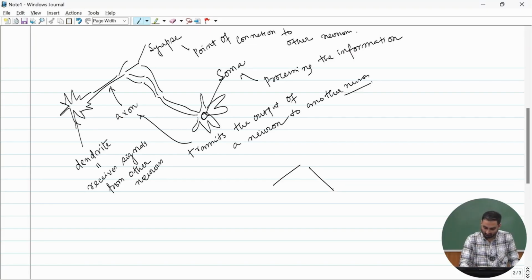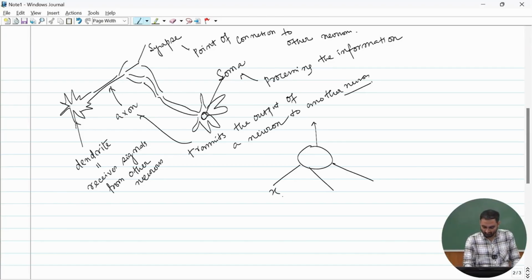Now in this way, if you think of it at a very high level, you have some neurons which are essentially collecting information. You have some centralized system, which is the soma in our case, which processes this information, and it outputs something, and that output moves to the next neuron, right?